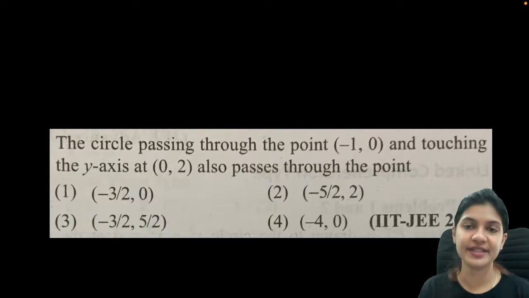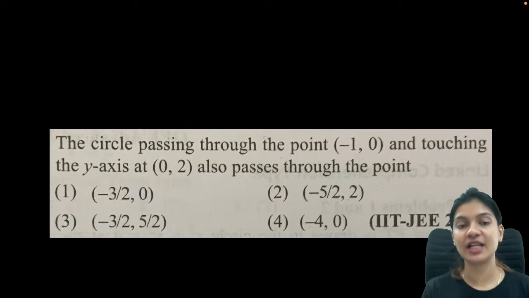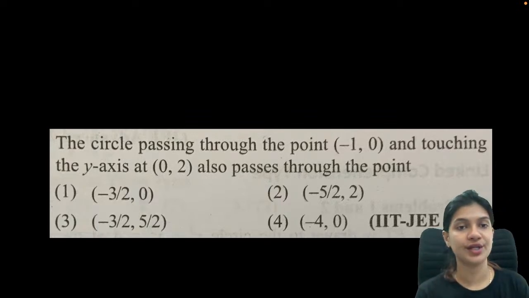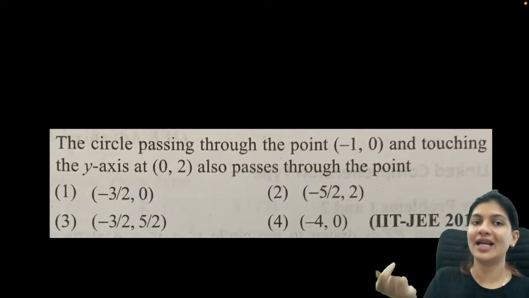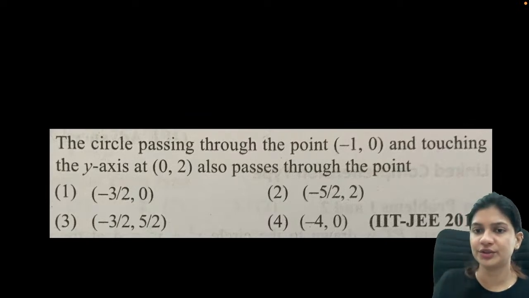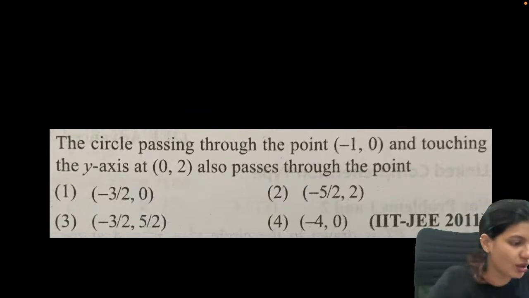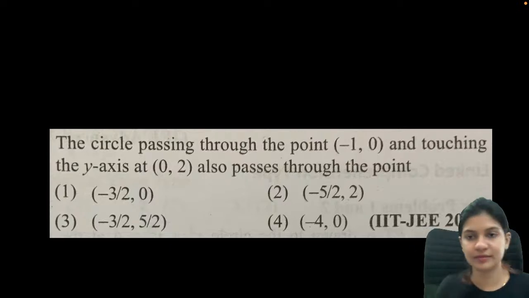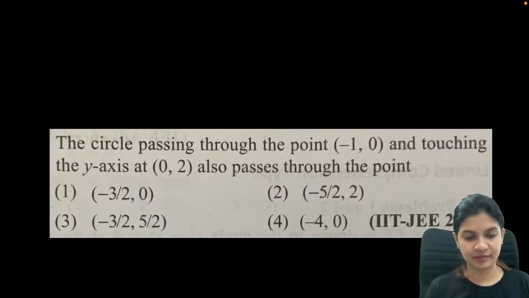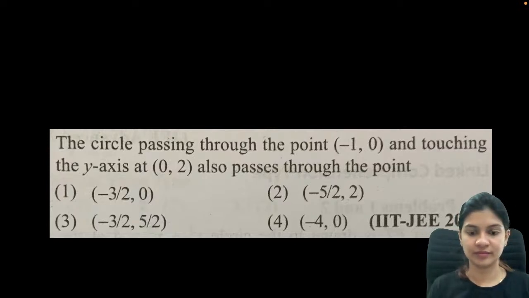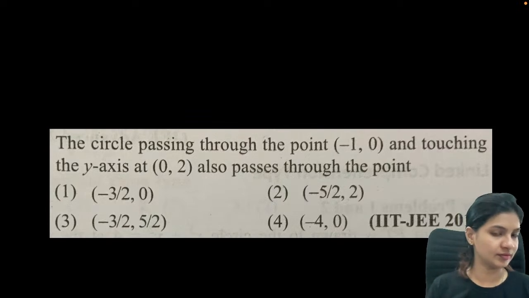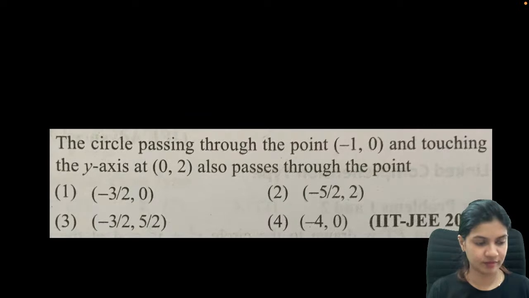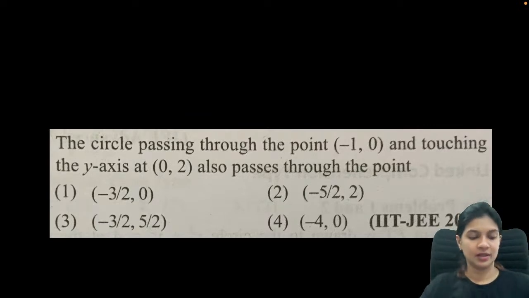The circle passing through the point (minus 1, 0) and touching the y-axis at (0, 2) also passes through which of these four points? That is what we are supposed to find out. Try the question.